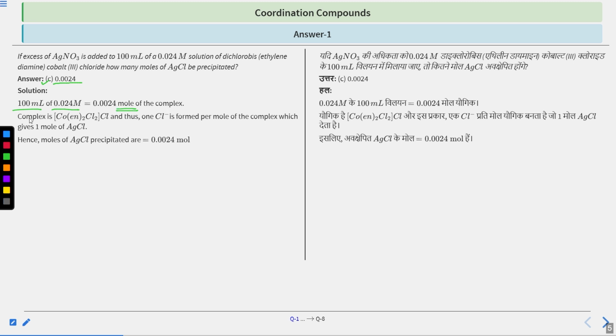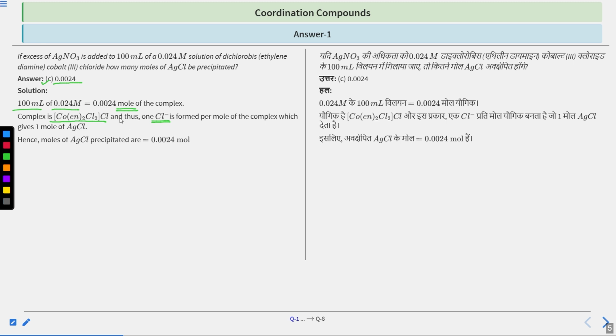Now, the complex is dichlorobis(ethylenediamine)cobalt(III) chloride, right? This is the formula of that complex. And thus you can see that one chloride ion is formed per mole of the complex, because as in the formula given, one chloride is outside the square bracket, that means outside the complex.